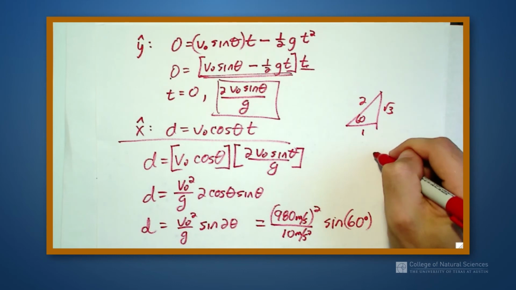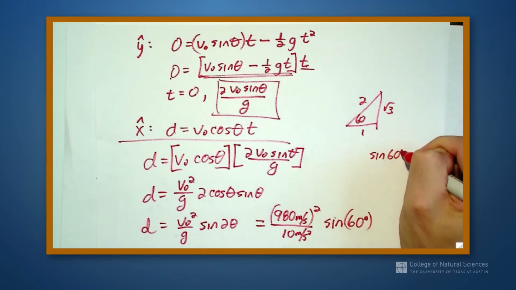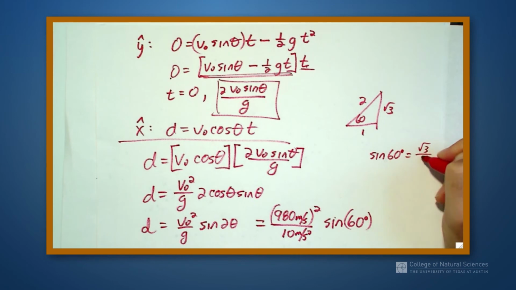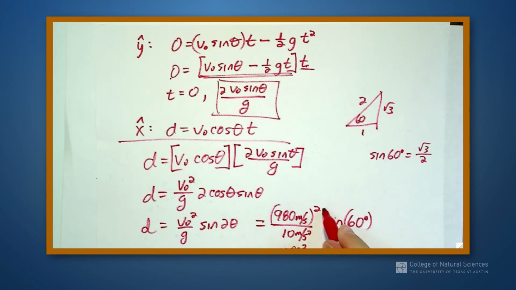So my sine of 60 degrees is equal to square root of 3 over 2. So this is about 1,000 squared over 10, and this is units of meters squared, seconds squared, and seconds squared. I get units of meters, and then square root of 3 over 2. So I have this to be 10 to the 5th divided by 2 times the square root of 3.